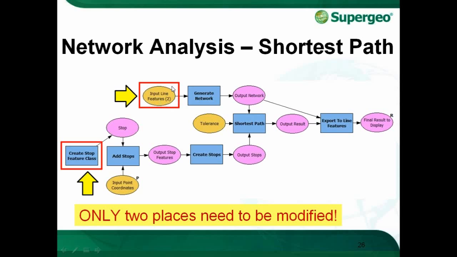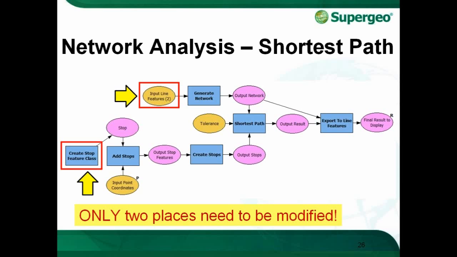The input line feature layer must be replaced by your own GIS data, your own roadmap. The other one is here. You need to alter the path of saving the point feature to your own physical folder. Just these two. You just need to modify these two places to have this shortest path function.